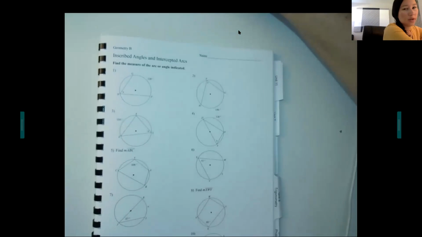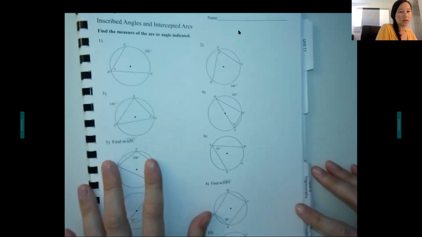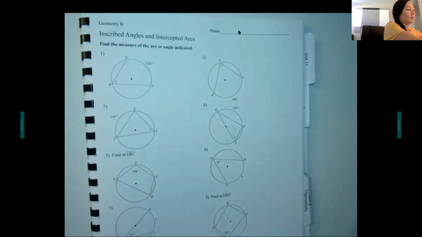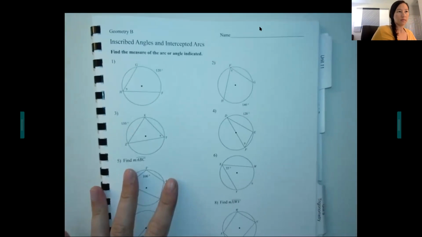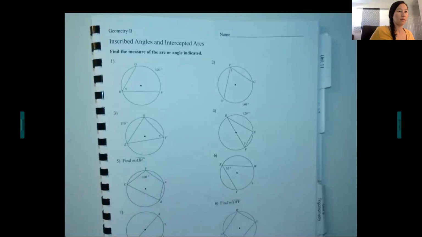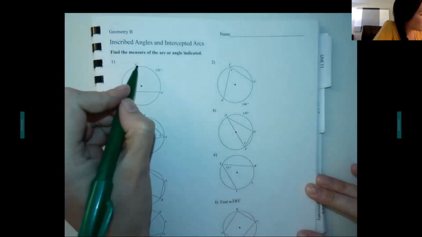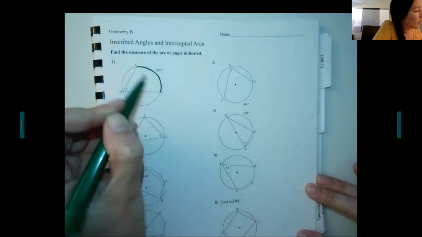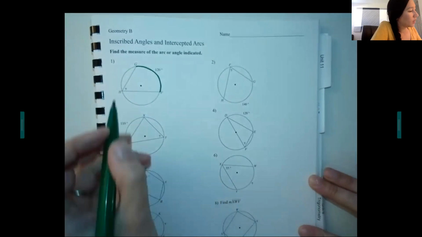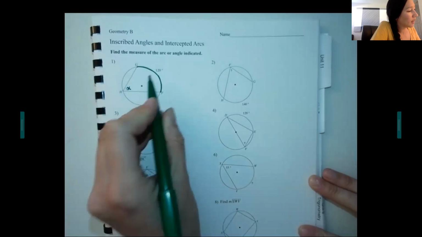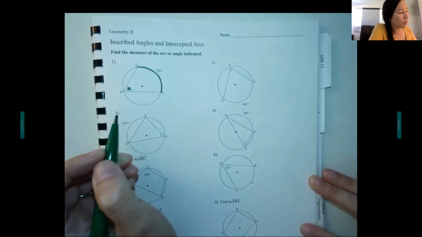Okay, so page 35, we're going to practice what we just learned about inscribed angles and their intercepted arcs. So we said that the arc is double the angle. So if we're calling this x, x is half of 120.